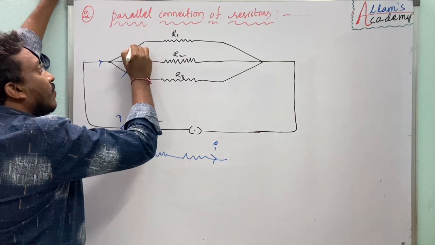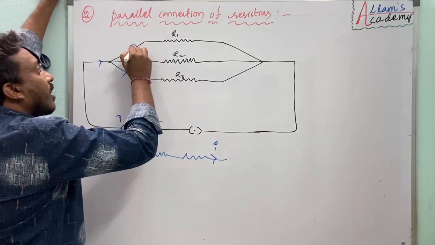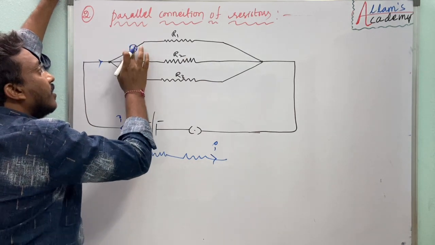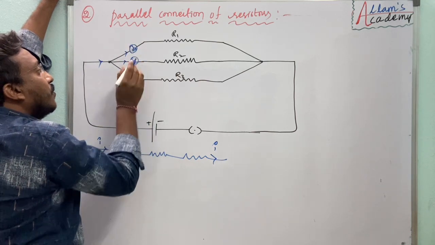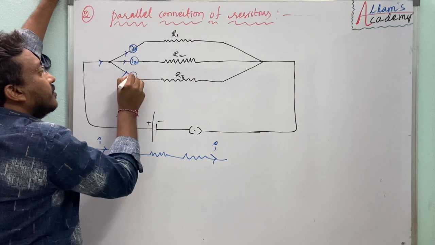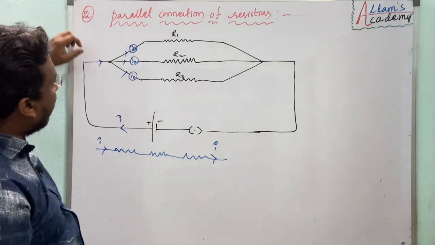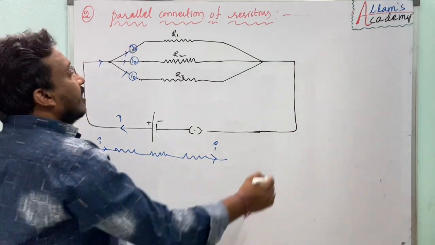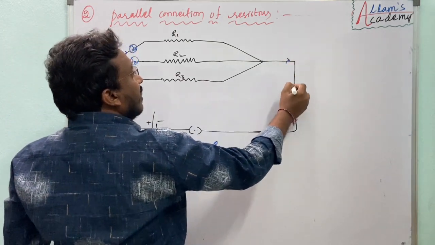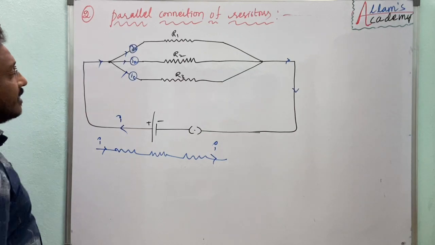Then here, for example, ammeter A1. That means you can take it as I1, I2, I3. So what happened? Current splits here, and here it comes together again.